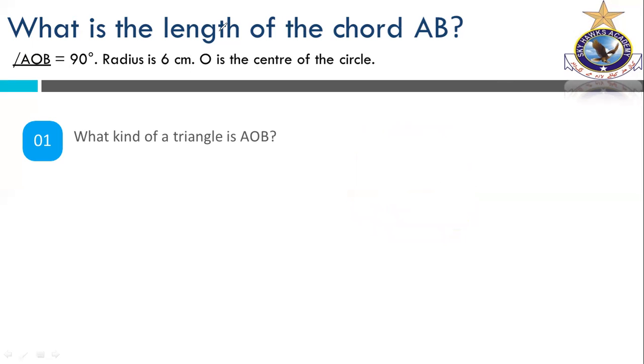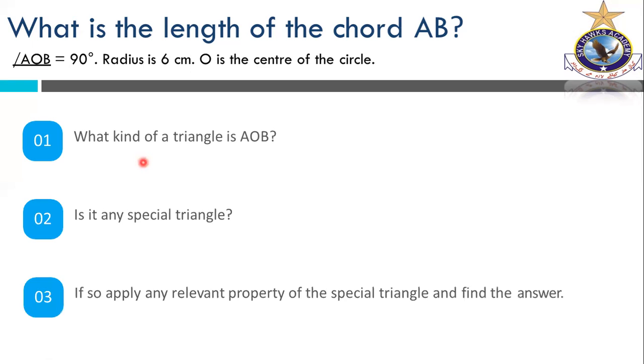Coming back to the steps, the first is what kind of triangle AOB is. It's a special triangle. The next step is to apply any relevant property of the special triangle and find the answer.